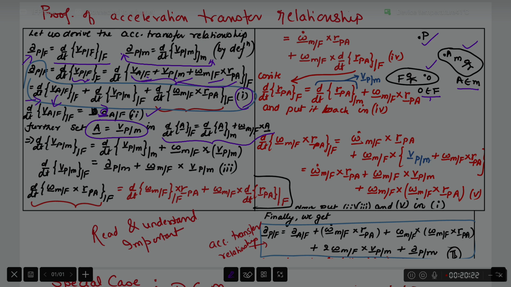When I do that, I am able to write the rate of change of VPM with respect to F as the sum of two terms: rate of change of VPM with respect to M, and omega MF cross VPM. Why am I doing it? I am doing it because back in 1, the second term is indeed the rate of change of VPM with respect to F. And here I have been able to express this as the sum of these two terms.